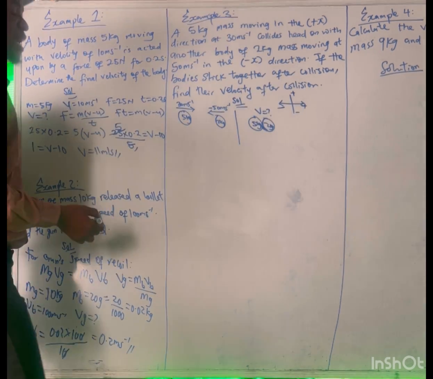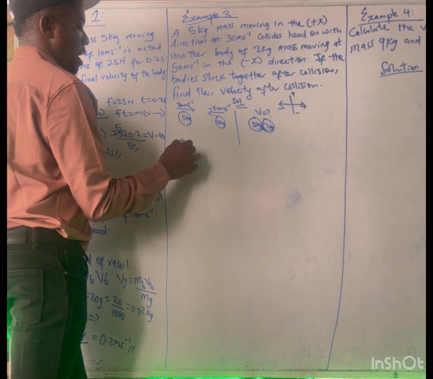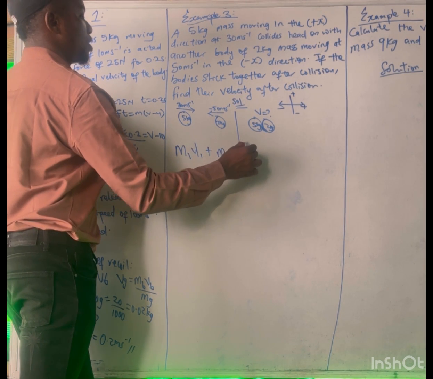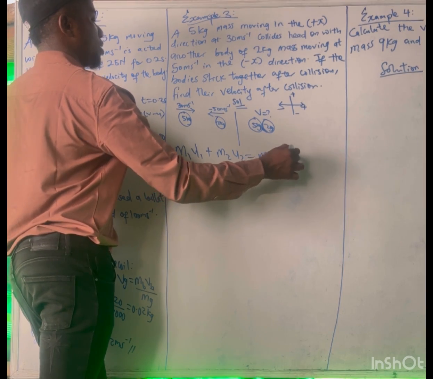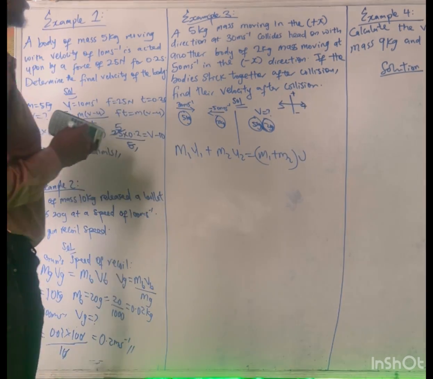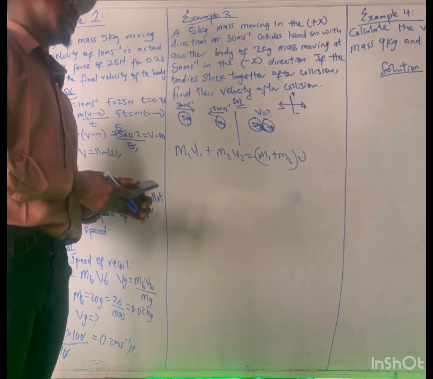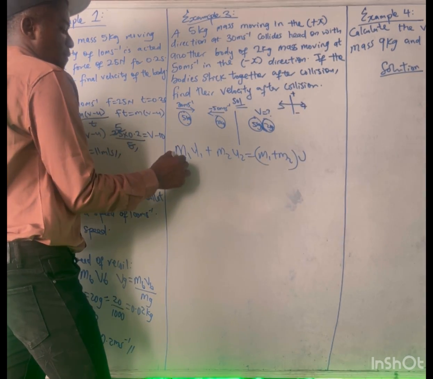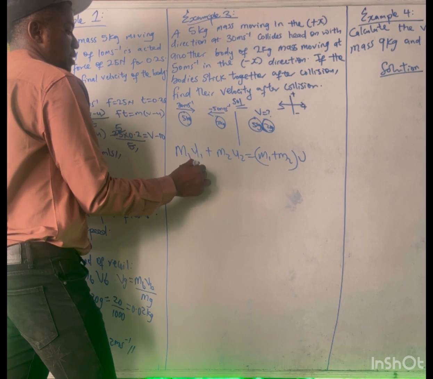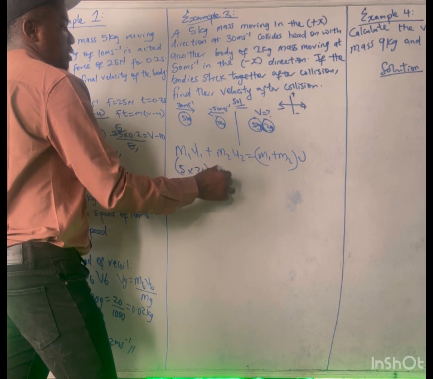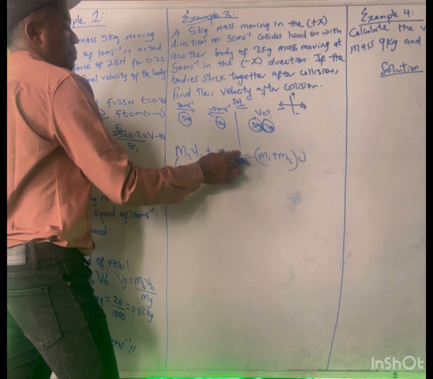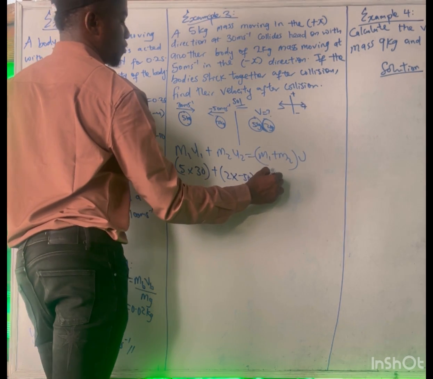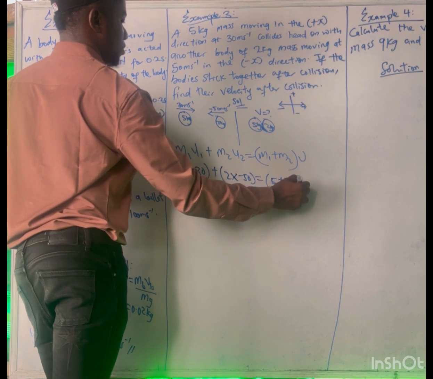Since they stick together, I just have to remember the formula: M1 U1 plus M2 U2 equals M1 plus M2 times V. Whenever you see two bodies stick together, this is the equation you are going to use. So my M1 is 5, my U1 is 30, plus my M2 is 2, my U2 is minus 50, equals 5 plus 2 times V.